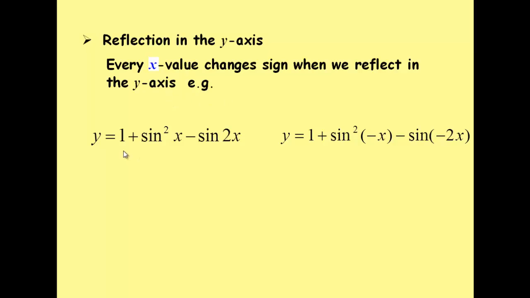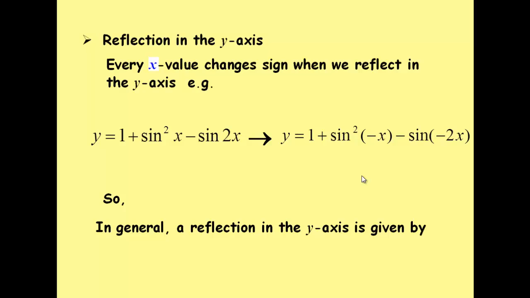So the effect is, if we have this function here, it goes to this function here, where you can see the only difference is everywhere we've got x, it becomes minus x. So in general, a reflection in the y-axis is given by a function of x becomes a function of minus x. Every x value turns to minus.